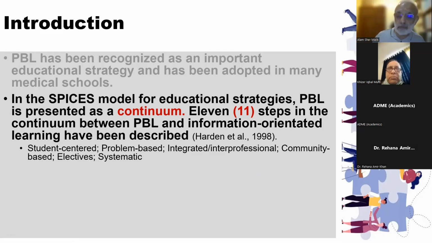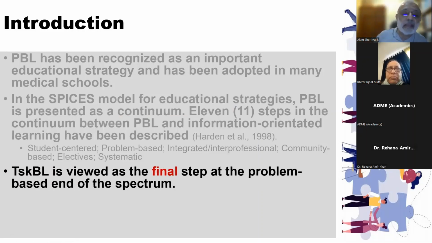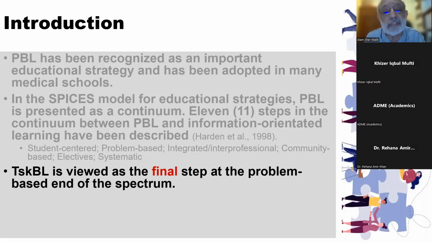It's a continuum, but finally it ends up with task-based learning. So it means that task-based learning is a problem-based learning, but it is the highest level of problem-based learning. So that's why, rather than having a paper problem, here is the actual task, which becomes the focus of learning.